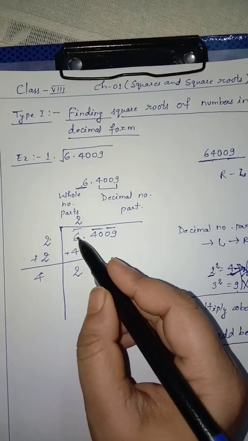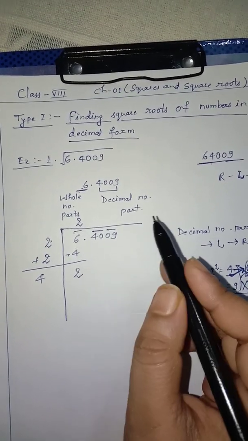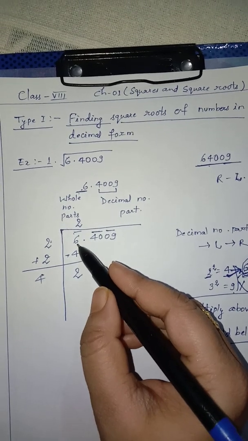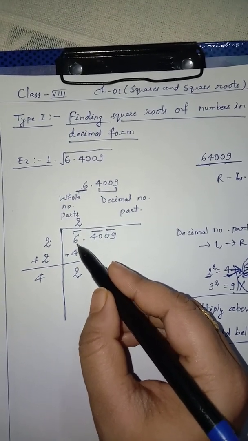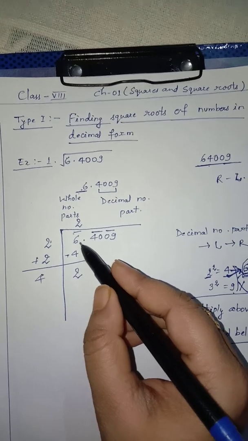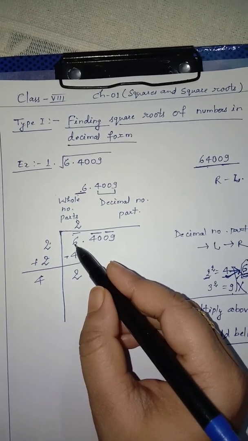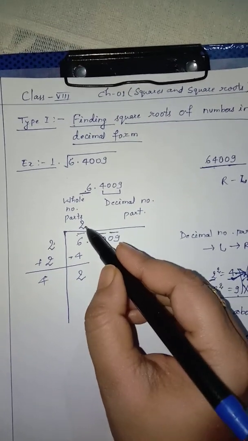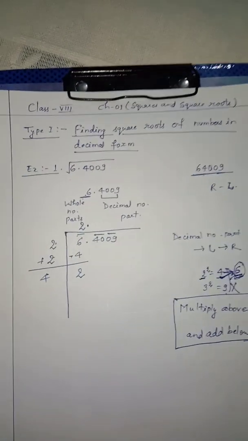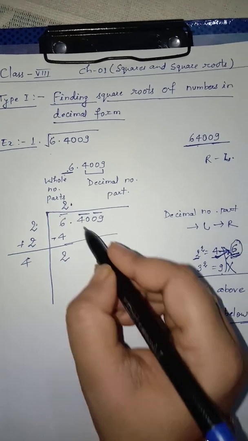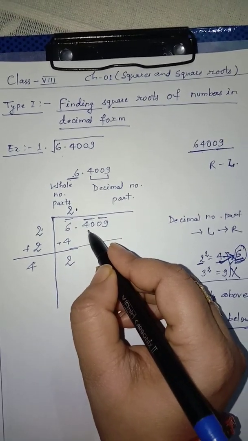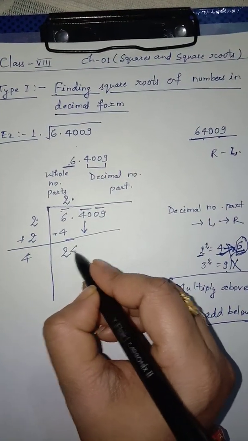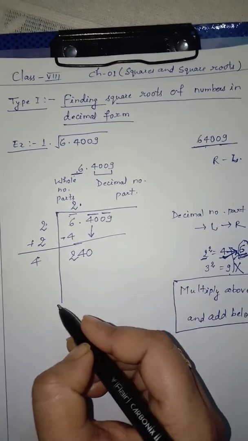Now the whole number part is finished. We can see that not a single pair is left in the whole number part. Now let's proceed to the decimal number part. So we will set the decimal here. In the long division method, we will bring this pair down. So this is 240.